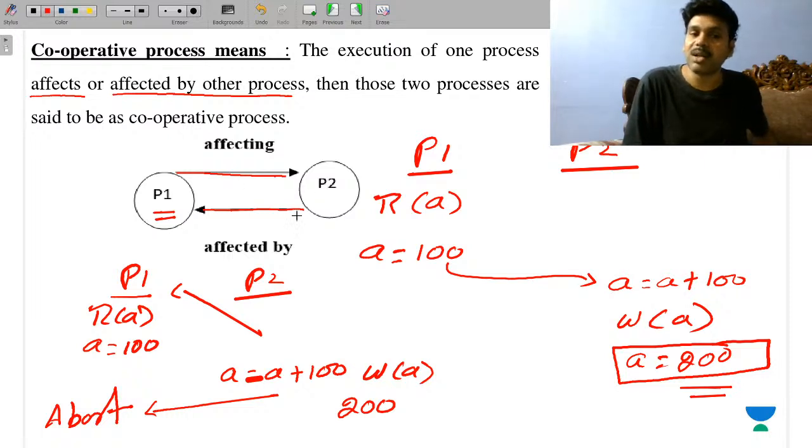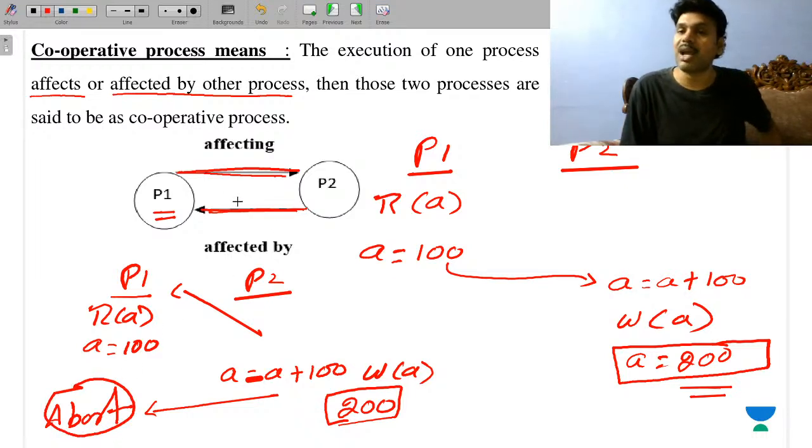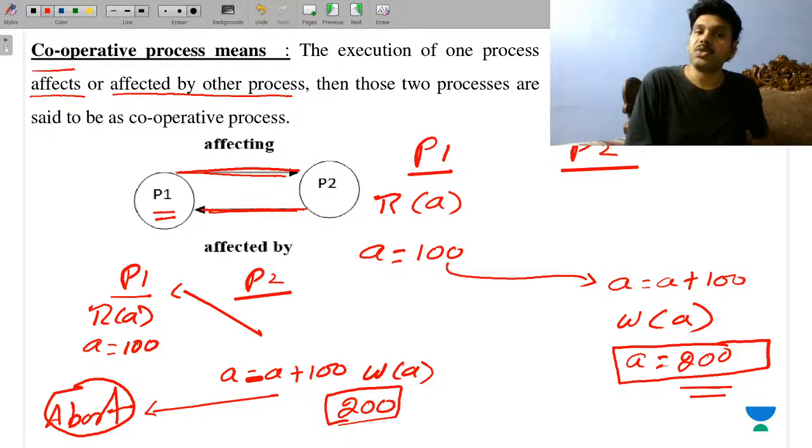When you say abort, first P1 disturbed you, and your value got affected. And P2 is disturbing P1 now because I am doing an abort. Therefore, each other can exchange values or data or statements or some kind of commands. Both are disturbing each other. That's the concept of cooperative. So if they have to affect or be affected by other processes, then we call them cooperative.